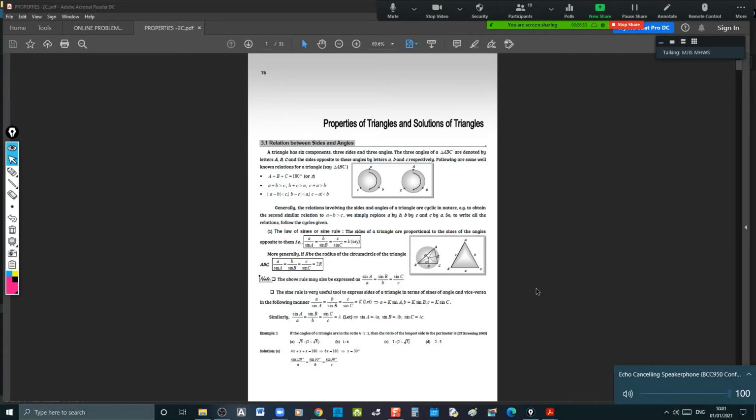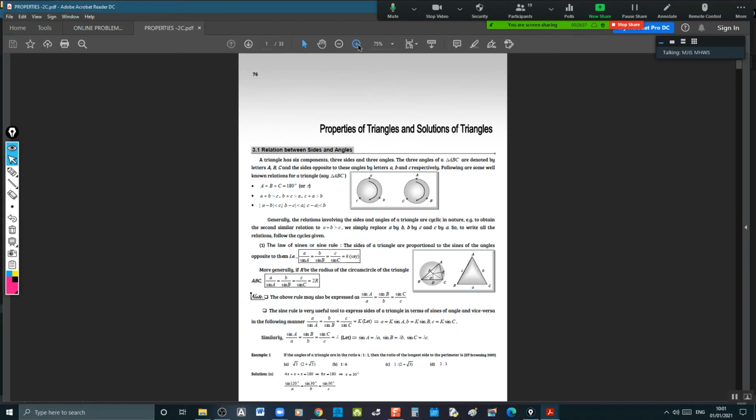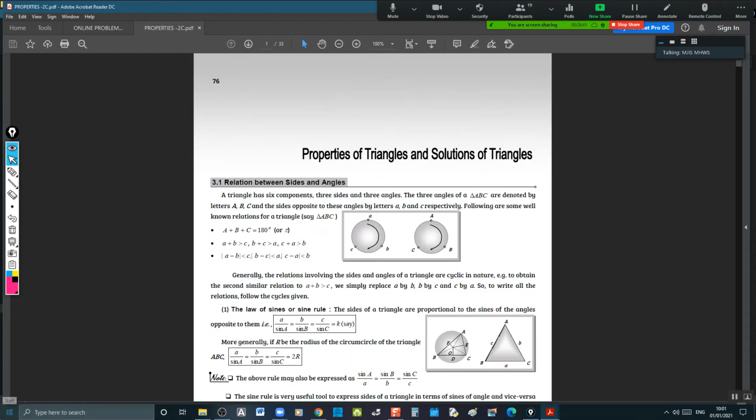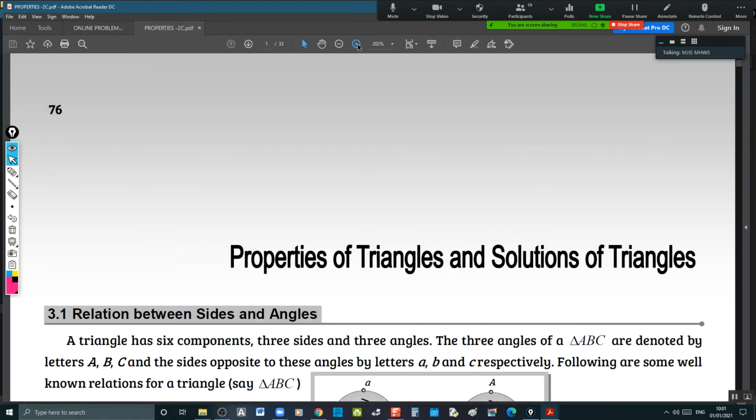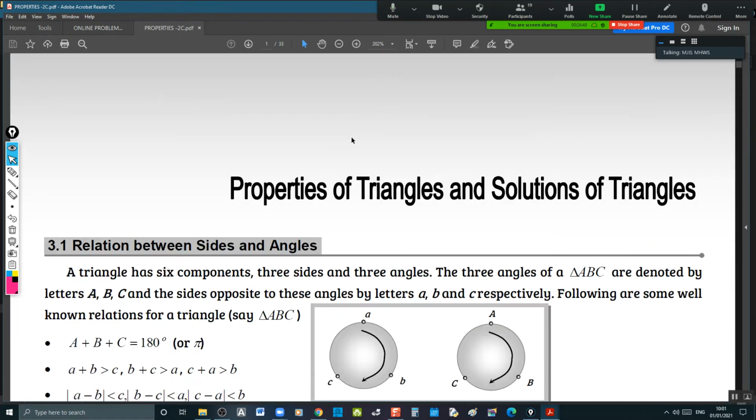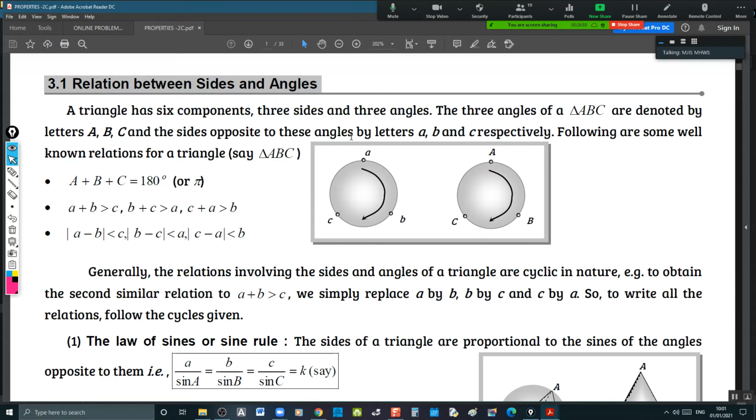So let us have a look at what you have already learned. I will highlight them first. First of all, the triangular inequality, very, very important, please. Triangular inequality is that the sum of any two sides of a triangle must be greater than the third side.